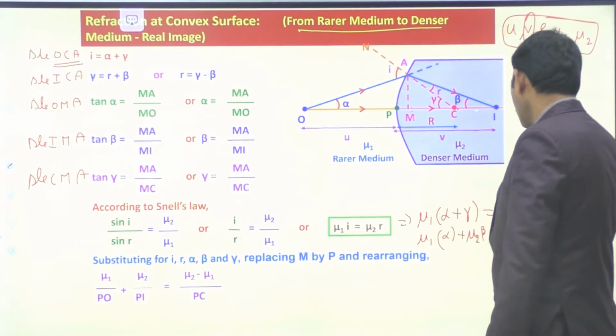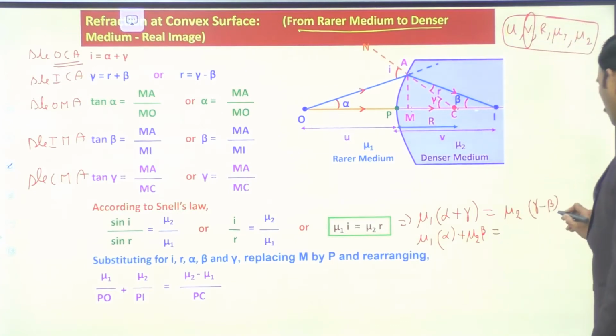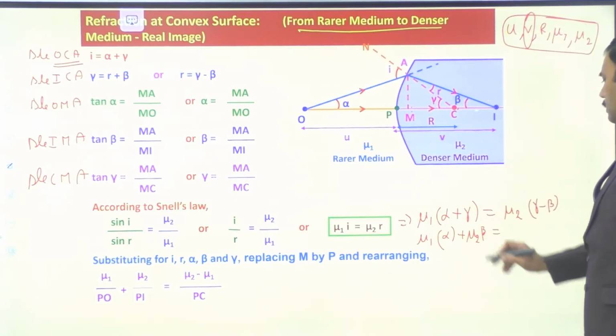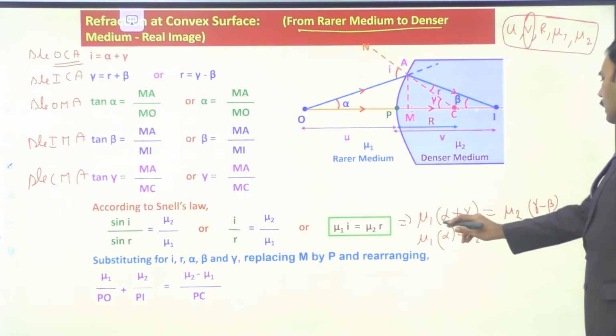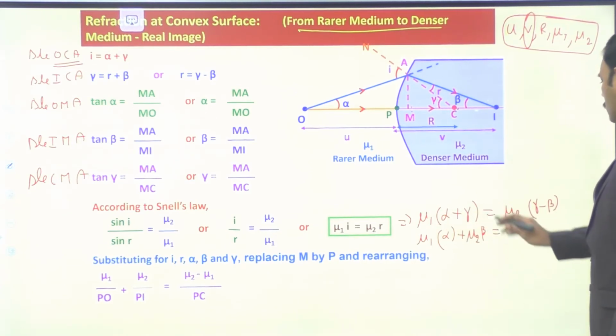So open the bracket, we get minus mu2 beta, shift this value to the LHS, it becomes plus mu2 beta, and then mu1 gamma on LHS, when shifted to RHS, becomes minus mu1 gamma, so mu2 minus mu1 into gamma.